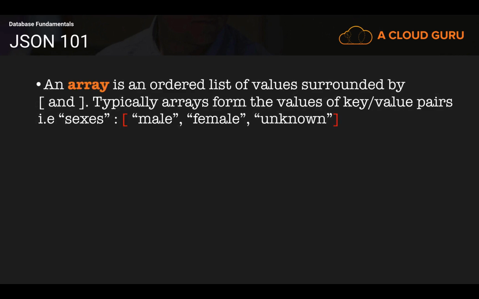and is a good representation of a person, in this case, me. Now, an array is an ordered list of values surrounded by square brackets. And typically, arrays form the values of key value pairs, i.e. in this case, sexes is the name, and then the value is male, female, or unknown.